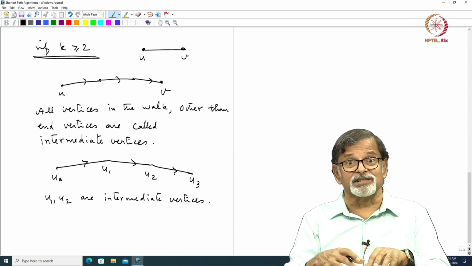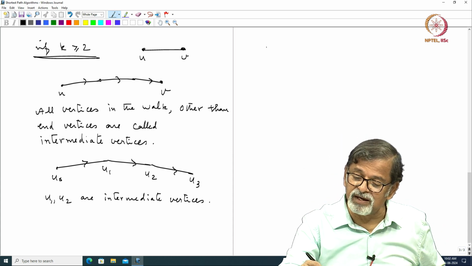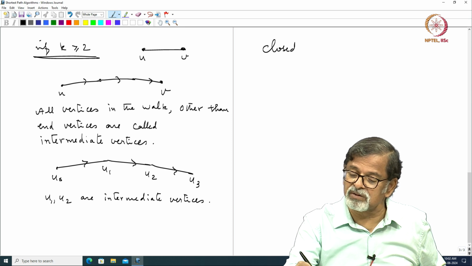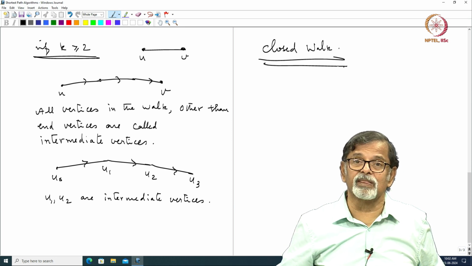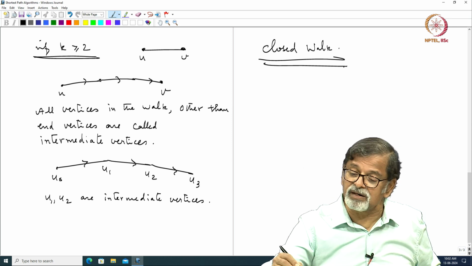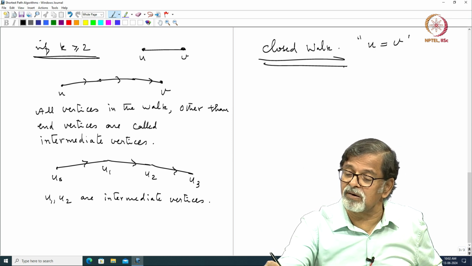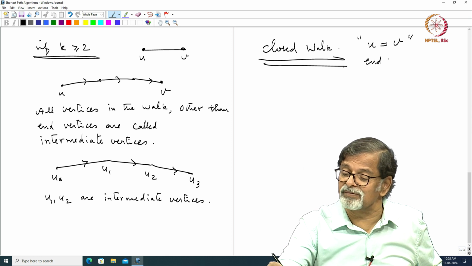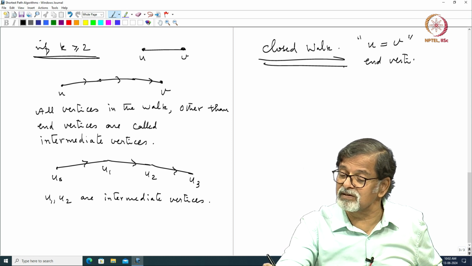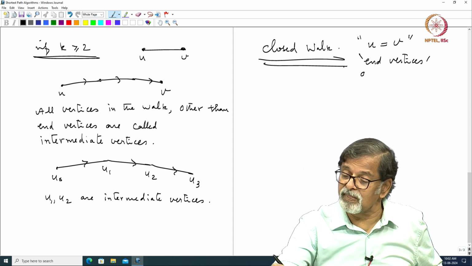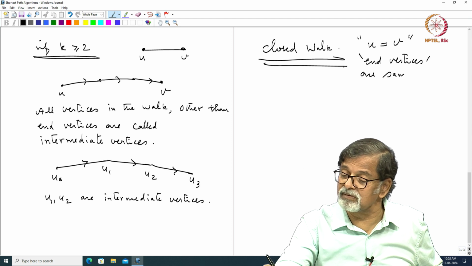So, extending this definition, a closed walk is a walk where U equal to V, or end vertices are same.